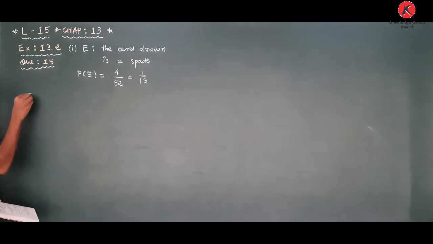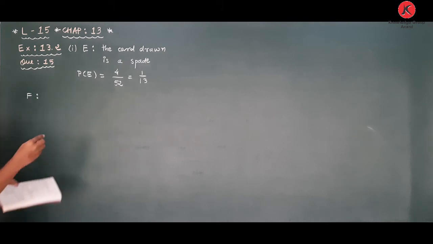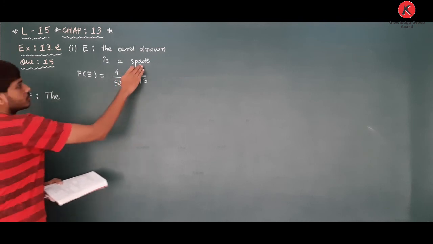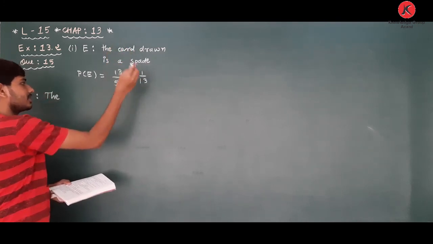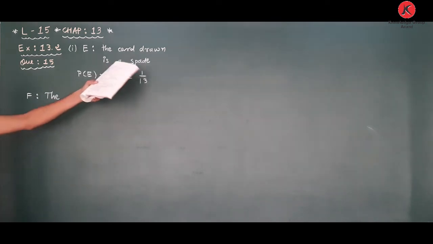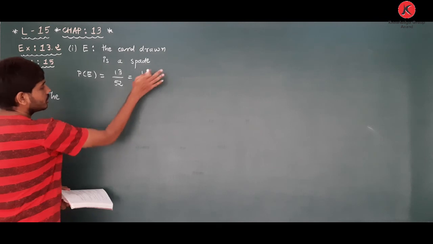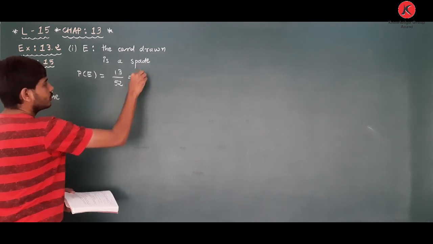The second event F is given: the card drawn is an ace. It's my mistake earlier, the total available spade cards are 13, so 13 by 52 gives 1 by 4.